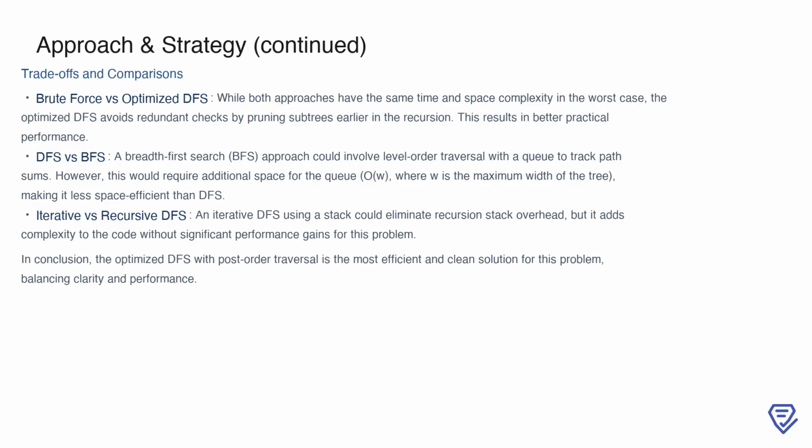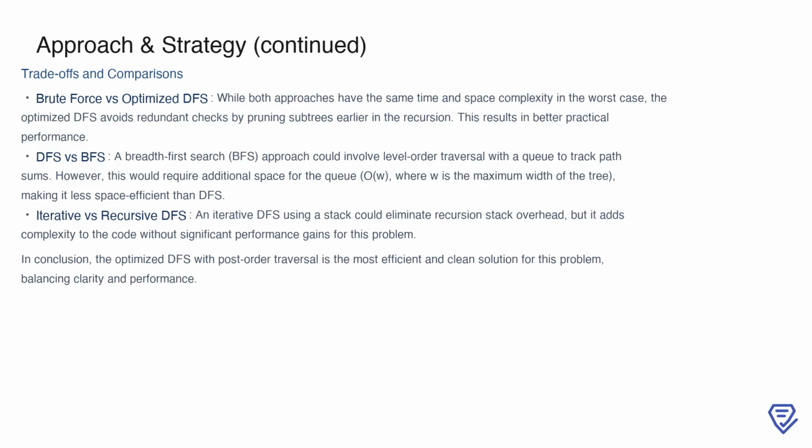Another possible approach is using a breadth-first search, or BFS, which involves level-order traversal with a queue to track path sums. While this could work, it requires additional space proportional to the maximum width of the tree, making it less space-efficient than DFS. An iterative version of DFS could also be considered, which eliminates the recursion stack but adds complexity to the code without significant performance benefits.